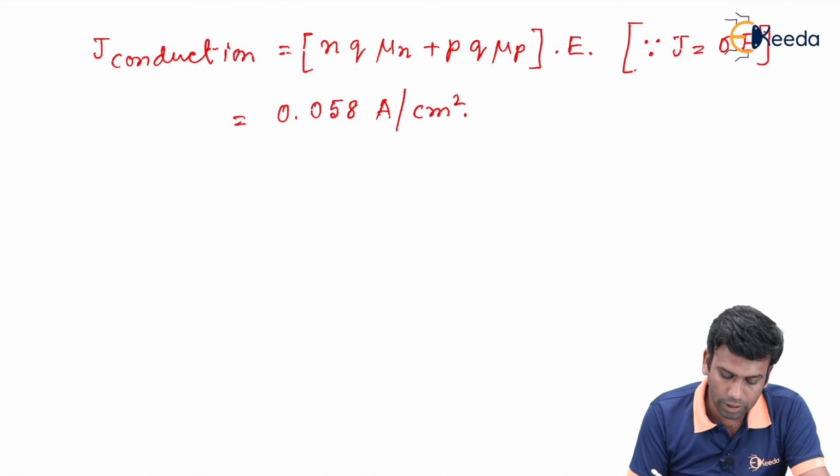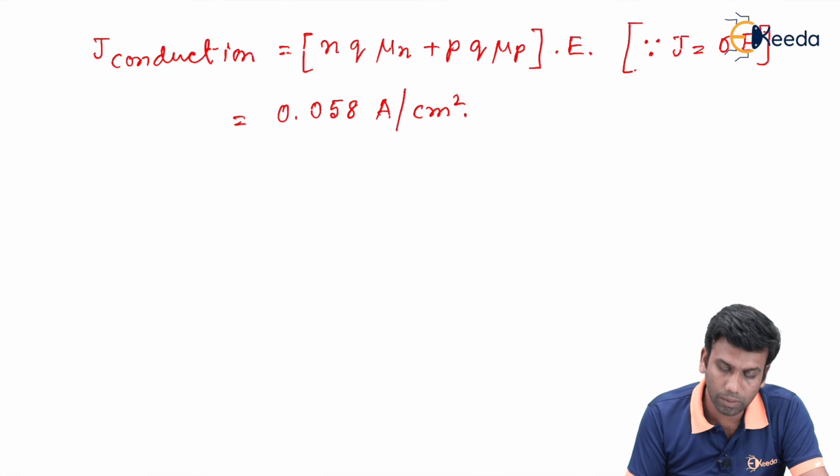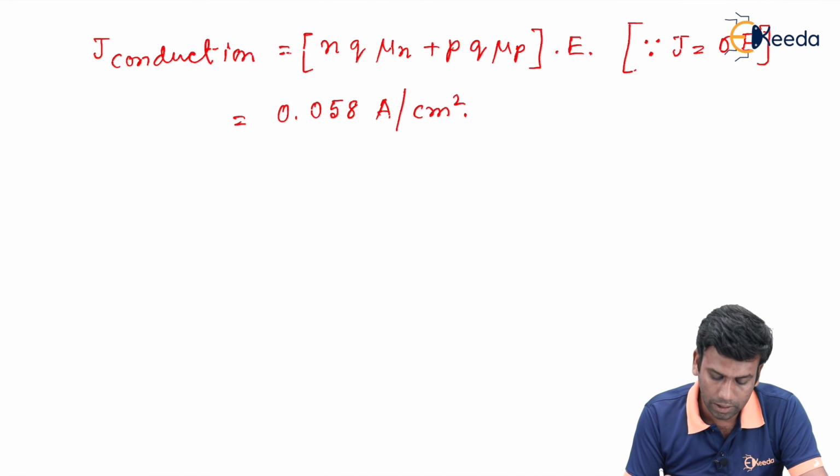So this is the conduction current density of the given N-type compensated semiconductor in the numerical.